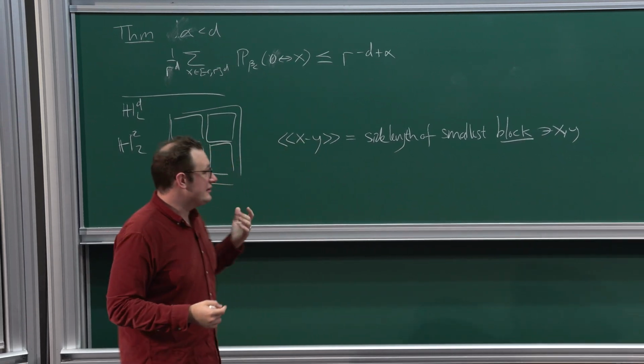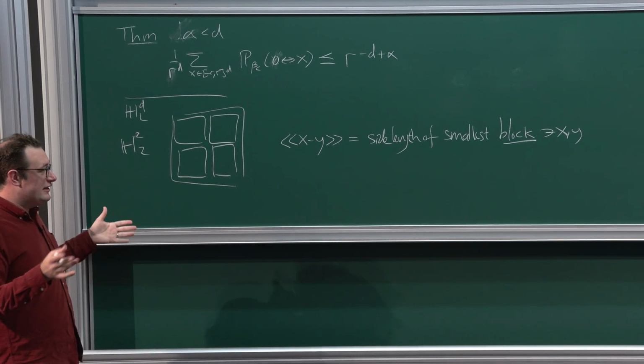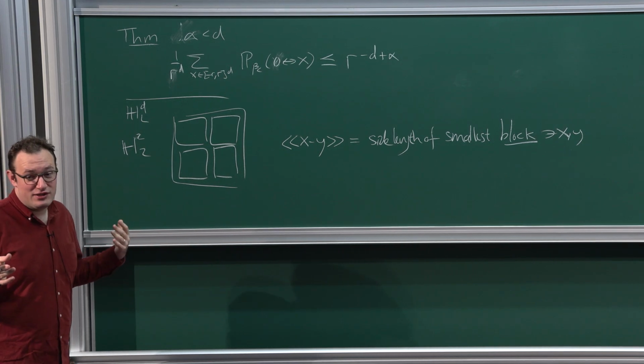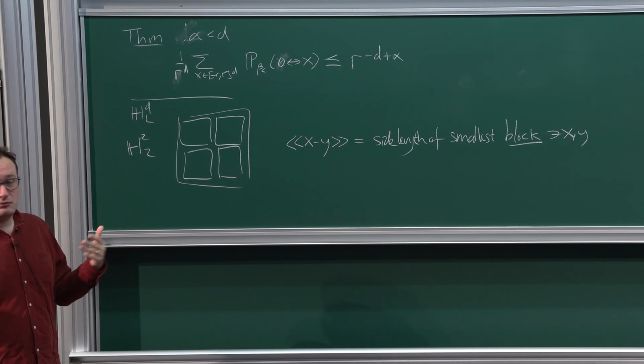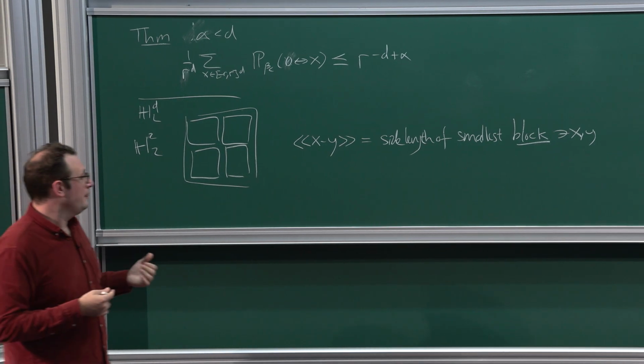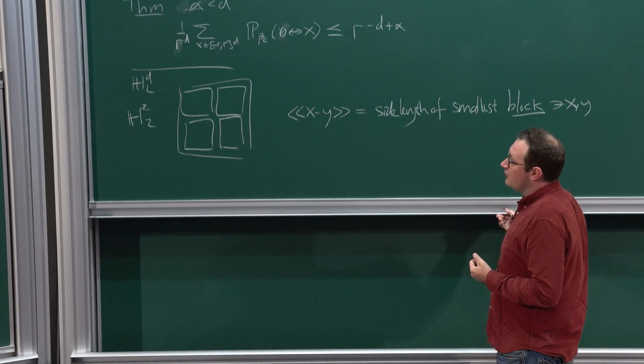Okay, and as I said before, you can define percolation in this hierarchical metric space, long-range percolation, exactly like you do in Z^d. It's just a different metric. You just use it to define your kernel. Okay. Good.